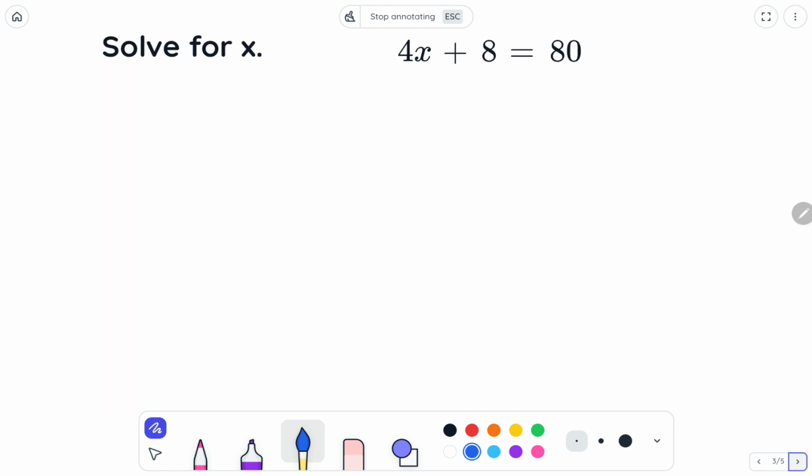Next question. So this says solve for x, and this is an equation. So whenever we are looking to solve for a number, we want to do our order of operations in reverse. So if we remember our order of operations, PEMDAS, whenever we are evaluating an expression, so let's say that we had an expression that looked similar to what we have, right?